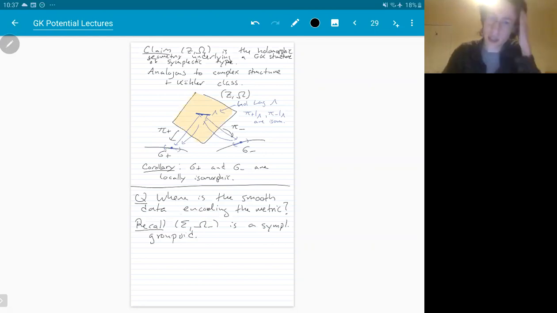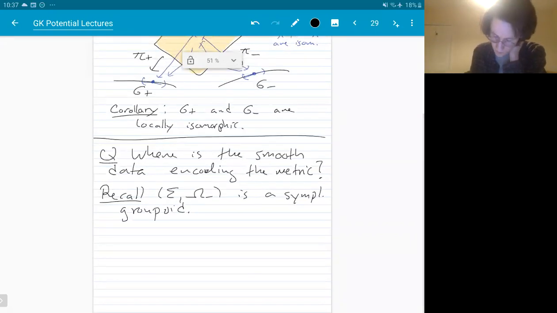We didn't start off with an arbitrary Morita equivalence. We started off with a symplectic groupoid, and then we deformed the complex structure on it and the symplectic form. But this thing being a symplectic groupoid, in particular, it is a groupoid.